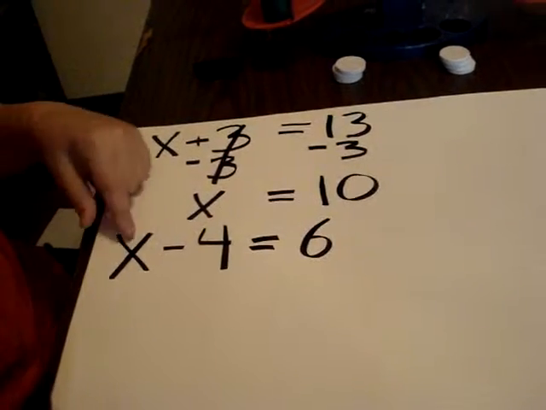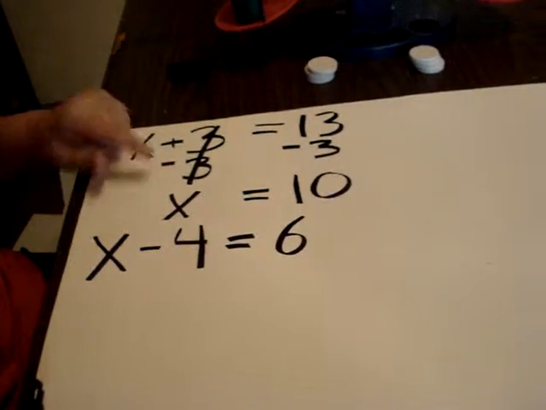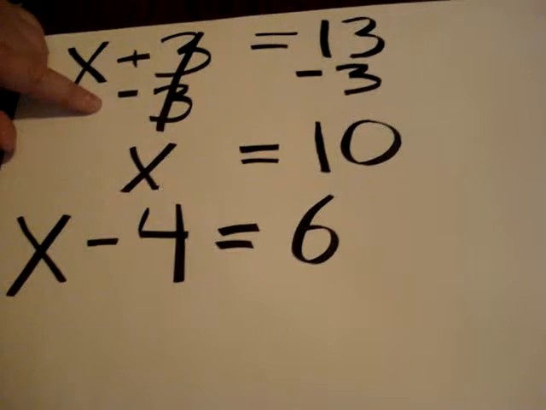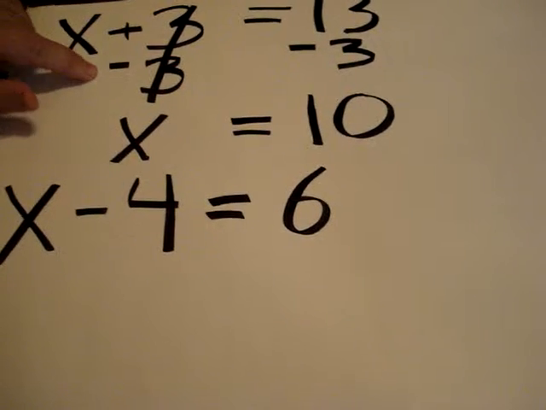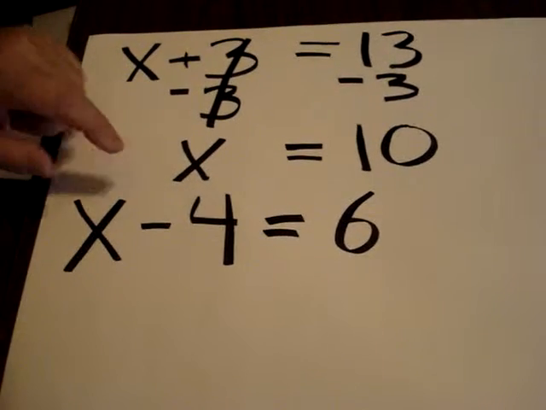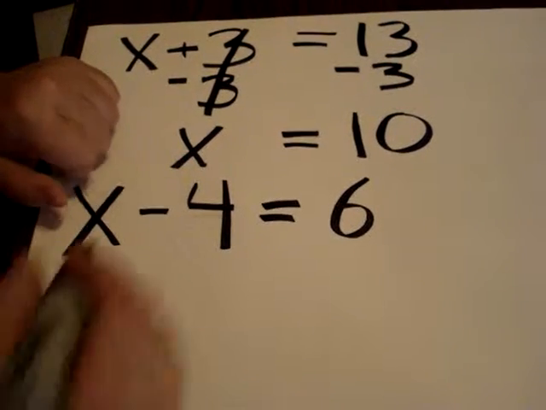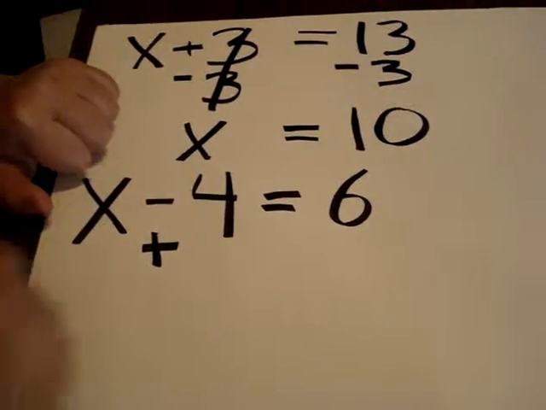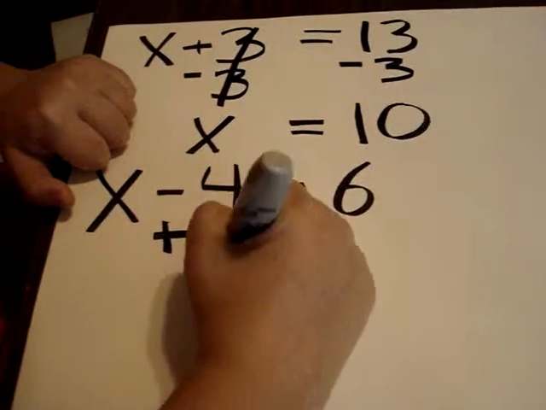Alright, so we have subtraction going on here. Up here we had addition, and we did the opposite. We had addition and we used subtraction to get rid of this 3 so that we could find x. Here we have subtraction. Let's go ahead and use the opposite operation, addition, to get rid of our 4.